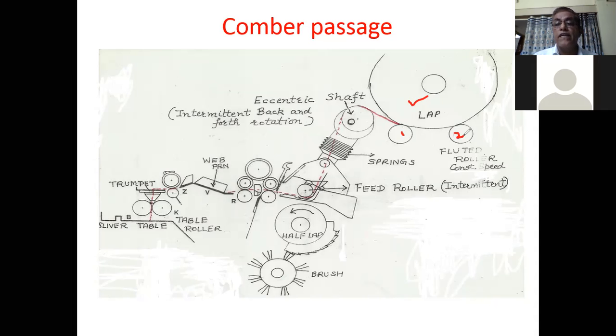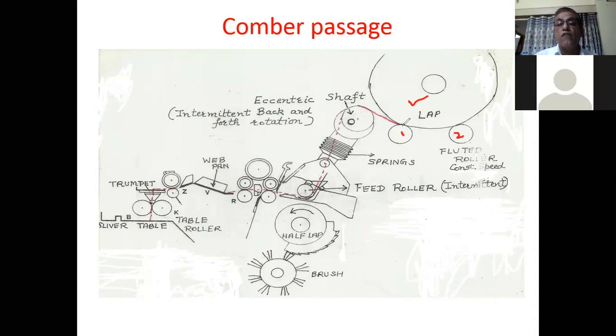The flutes are made so as to avoid slippage of the lap over the fluted roller, so that the lap can be fed at a constant speed without any slippage. So how this lap is passing through various parts of the Comber machine will be shown in today's lecture.